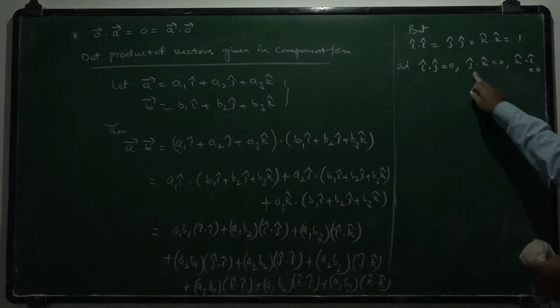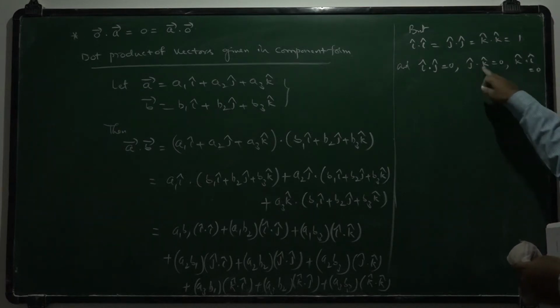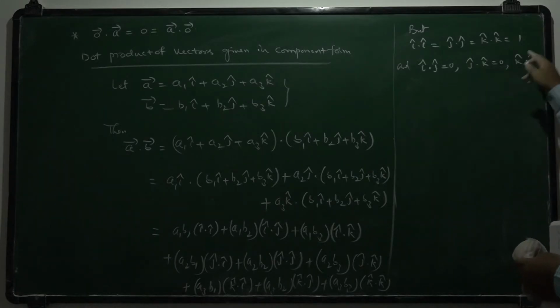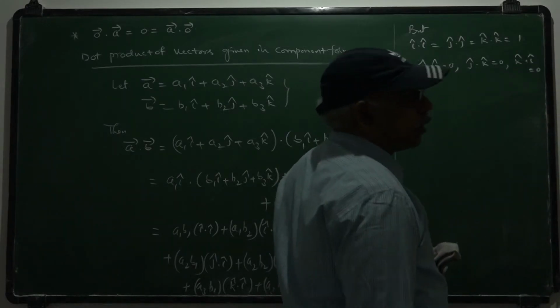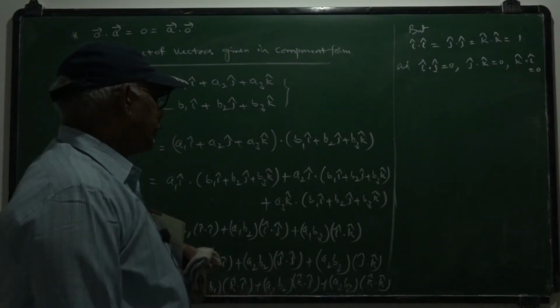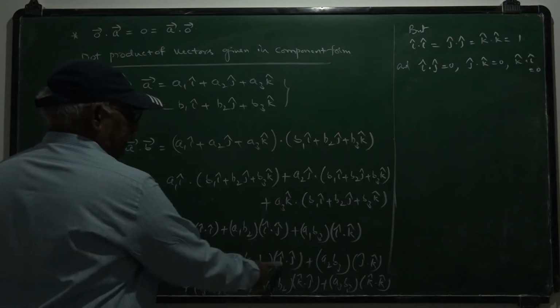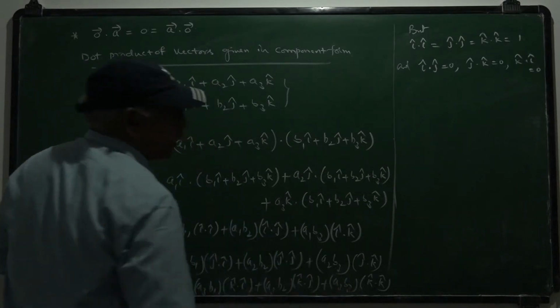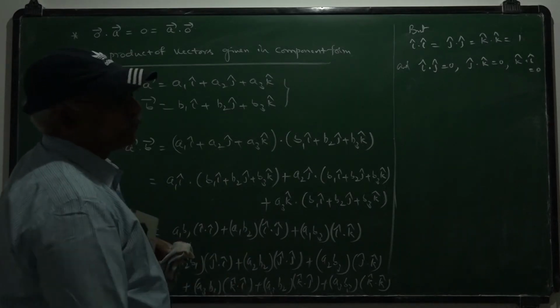Similarly, the angle between the vectors along the y-axis and z-axis is 90, hence 0. Similarly, along the z-axis and x-axis, unit vectors K and I, their dot product is 0 because the angle between the vectors is 90. So except for the I dot I, J dot J, K dot K terms, the remaining terms become 0.